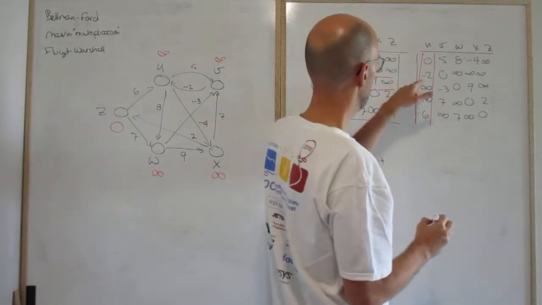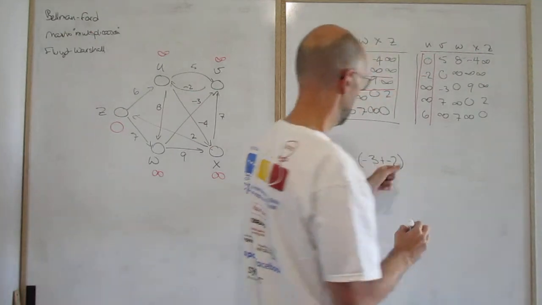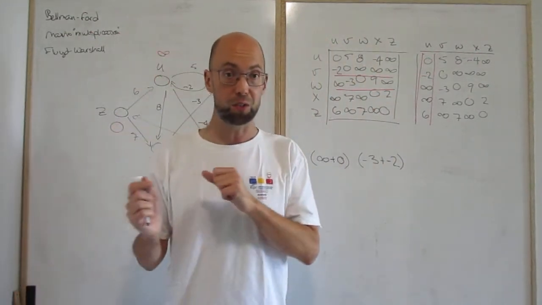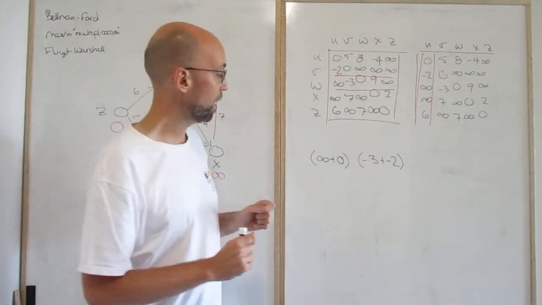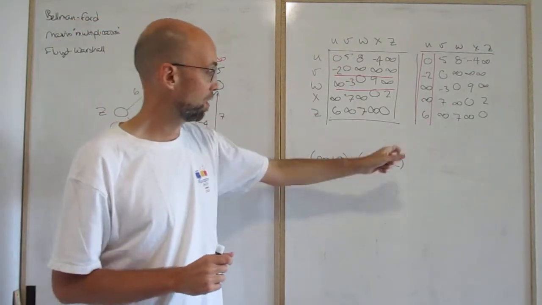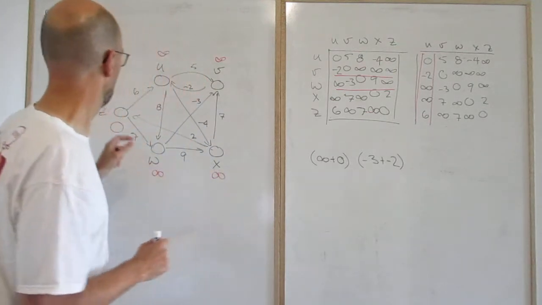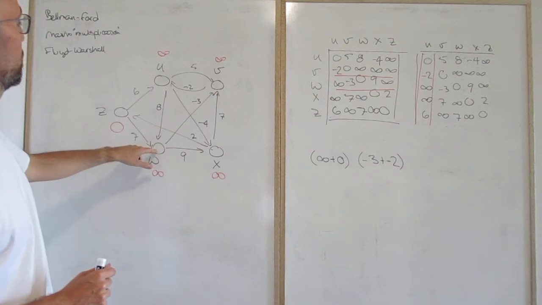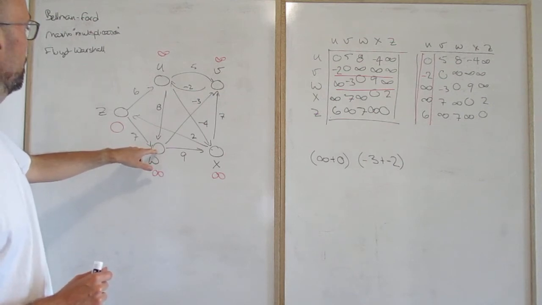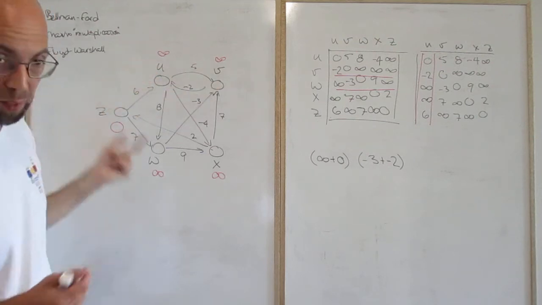And then I can go from V to U in cost -2. So I can go from W to U with cost at most -5, right? Because I go to V, -3 and then -2, it's -5.